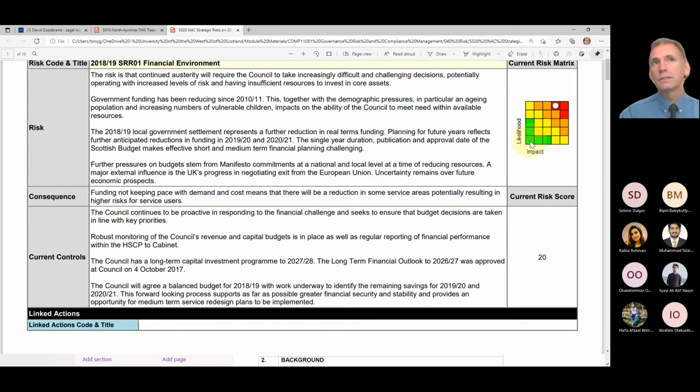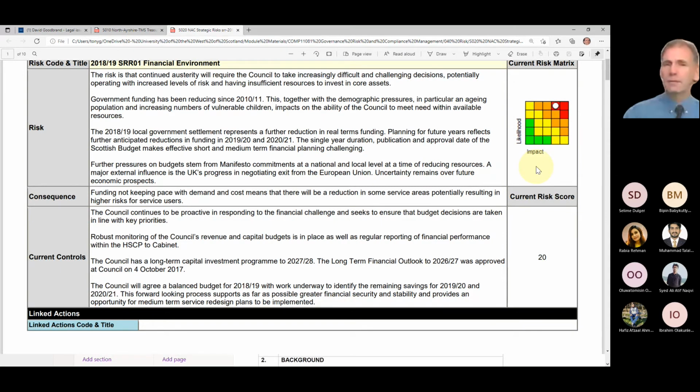The least amount of impact is down the bottom left-hand corner here, the most in the top right. So it gives a risk score. You multiply the 4 by the 5 and you get a 20. So there's a visual representation, there's a numeric representation, and actually this one also uses a variation of red, amber, green, albeit that there are 2 different colours of amber.